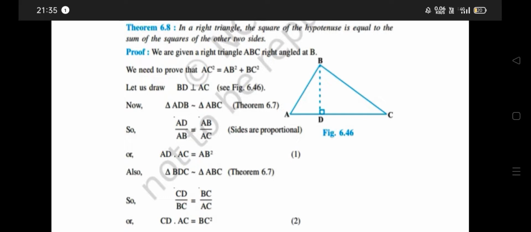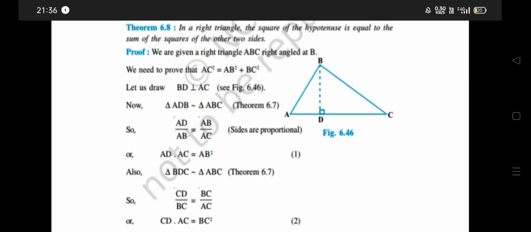Now we can say that triangle ADB would be similar to triangle ABC. It's given over here that it is by theorem 6.7, which just states a similarity criterion. Guys, if two triangles have two same corresponding angles, then they would be similar.